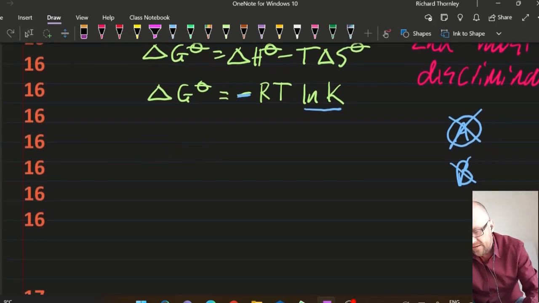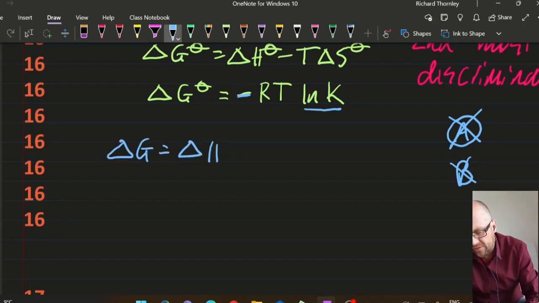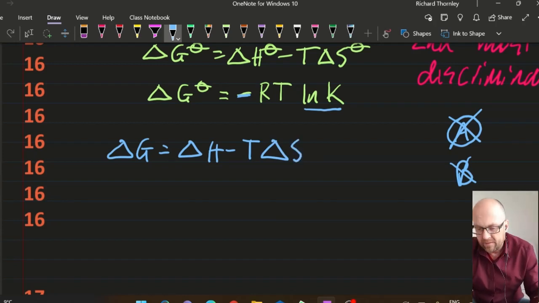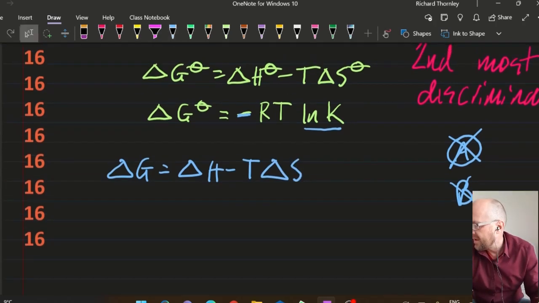All right then. So I've got delta G equals delta H minus T delta S. Now, for this reaction, they're saying as you heat it up, it becomes more spontaneous. So let me put the signs underneath here.